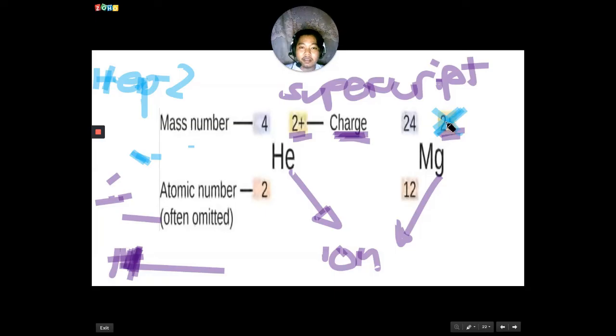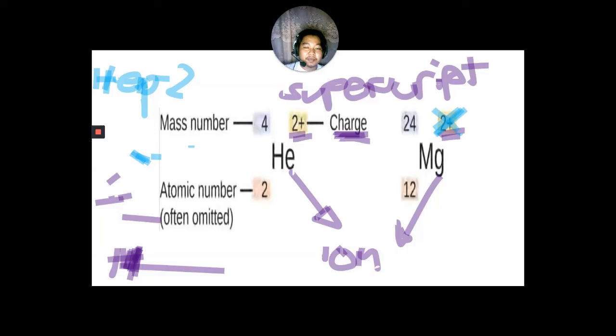However, meron na tayong superscript, which is the charge. Therefore, the proton now becomes 2 greater than the electron. And again, sir, pwede po bang 14? Gawin kong 14 ang proton. And then, si electron, 12 pa rin. Para positive 2 pa rin yung difference nila.